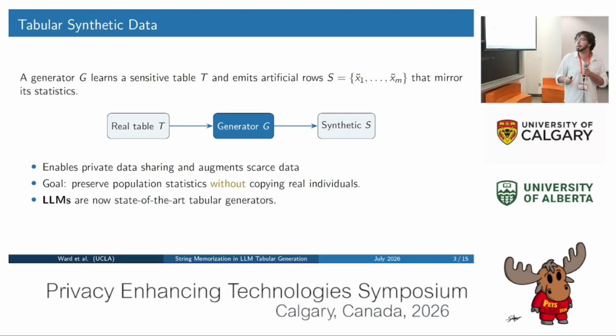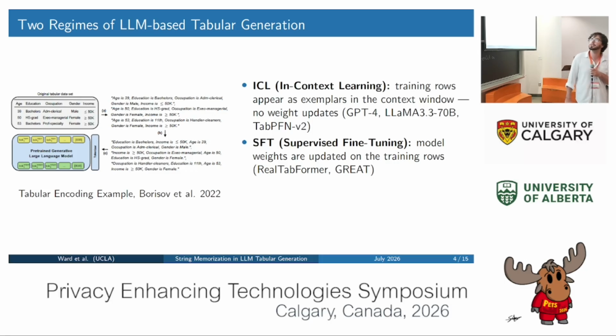Lately, people have been using LLMs as state-of-the-art tabular generators and making claims about the privacy of these data. There are 2 regimes people have been using for LLM-based tabular generation: in-context learning and supervised fine-tuning. In both cases, the general idea is that you have some original tabular data set, again, something you could fit a linear regression on.